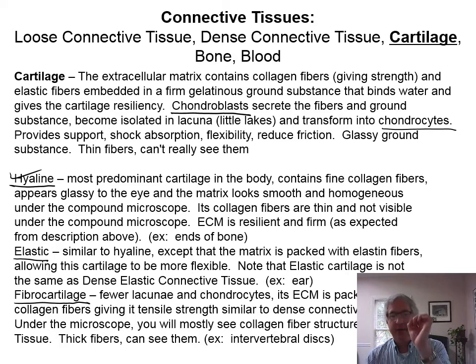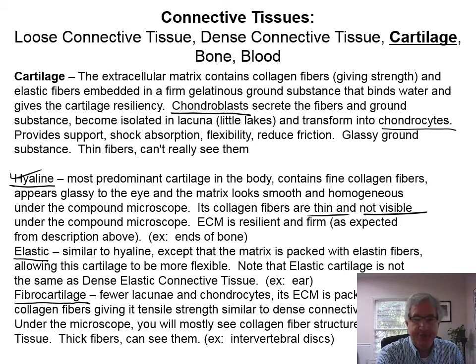All you see are the chondrocytes inside the lacuna, and then the smooth matrix all the way around them. The collagen fibers are very, very thin. They're not visible in a compound microscope. It's firm and resilient. Like we talked about, hyaline cartilage is the cartilage that's on the ends of the bones, so in your knee joints and your elbow joints and all kinds of different places.